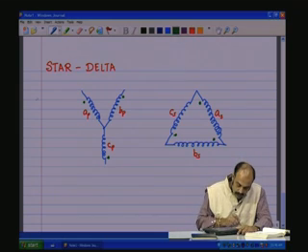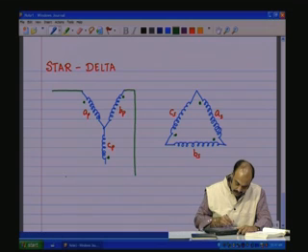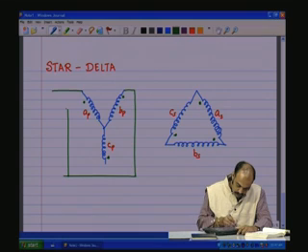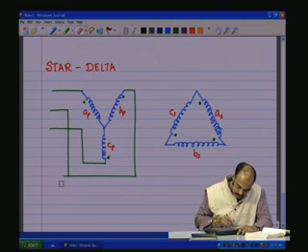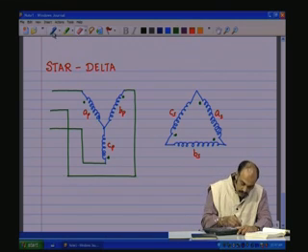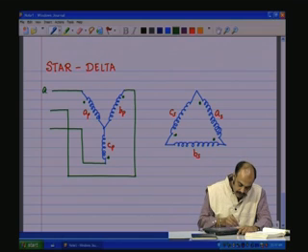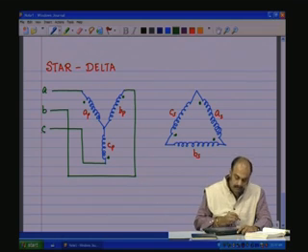The coils on the primary are connected as shown. We have the connections in this manner. So, you have the A phase, B phase, C phase sources connected to the primary.